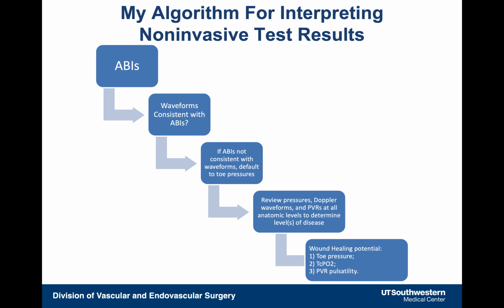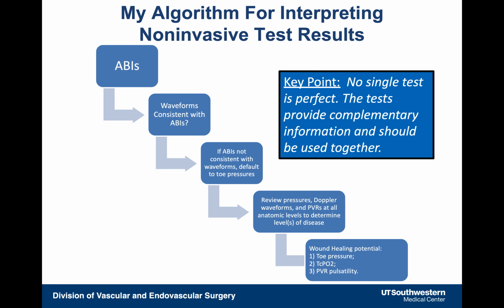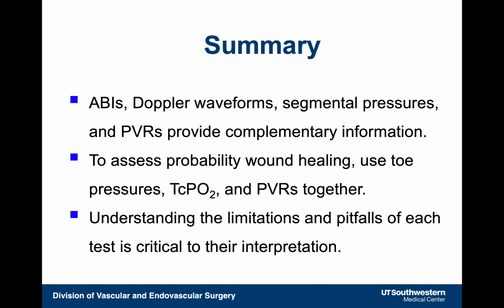And then if I have a wound at the toes or the forefoot, I look at toe pressures, transcutaneous O2s, PVR, pulsatility for prediction of healing. And again, just to reiterate, no single test is perfect. All of these tests provide complementary information that should be used together.